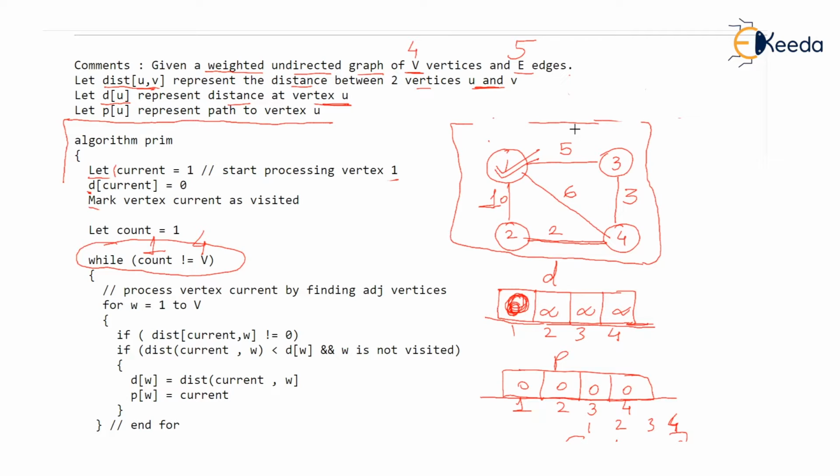So this is true, and it means that some more vertices are yet pending to get visited. So we will enter the while loop. You notice that while will stop when count will be 4, isn't it? When will count be 4? When all the vertices are marked as visited, count will be 4, and we'll say enough. We have visited all vertices, so while should break.